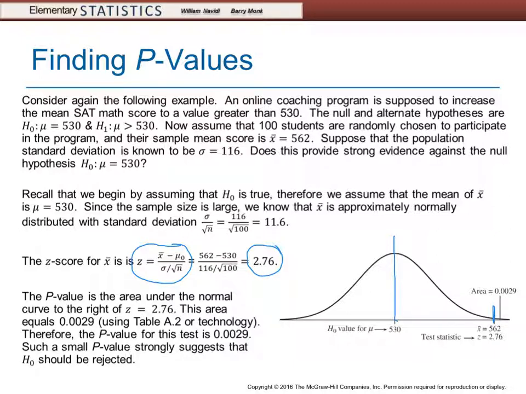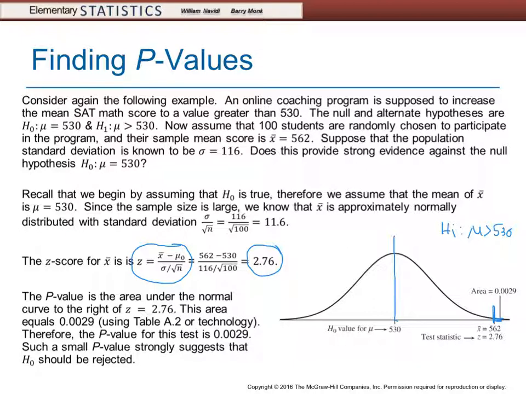Because H1 is mu greater than 530, we're now looking at the area just to the right of 562.